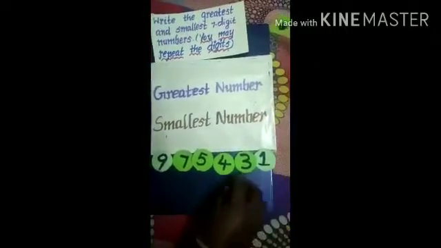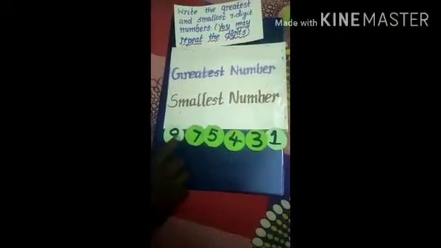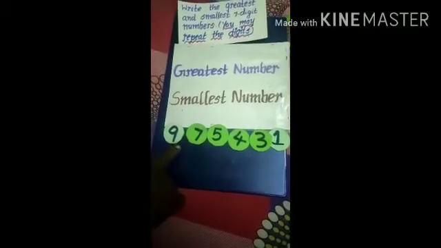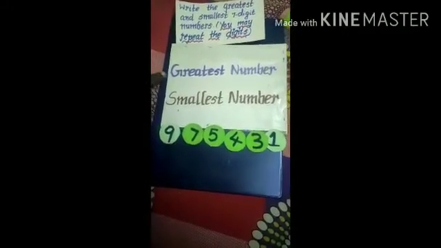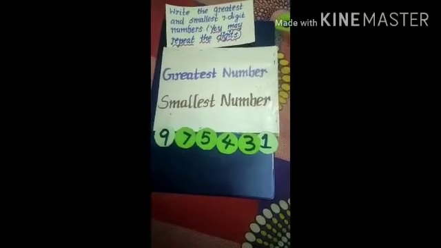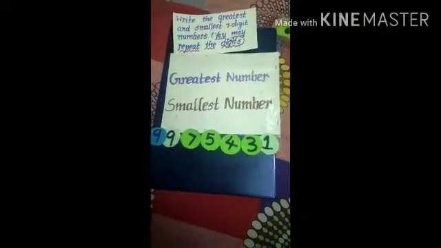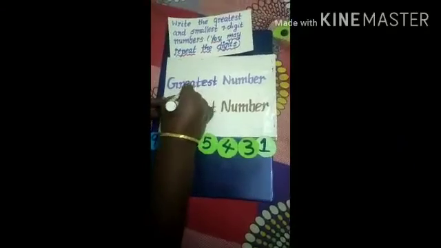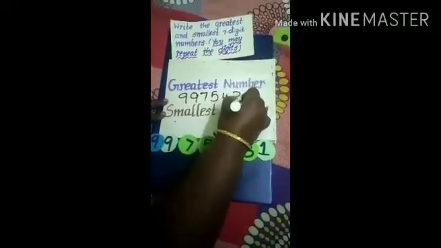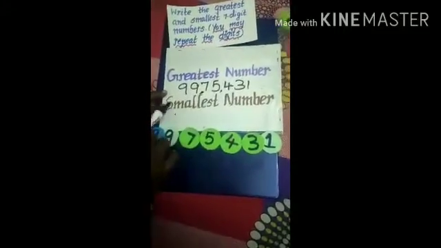I have arranged, but you see here only there are 6 digits, but I want a 7-digit number. So what I have to do, I have to repeat the digits. Here you have to repeat the digit 9. Since we want the greatest number, you have to repeat the greatest digit 2 times. So if I keep 9 here, you will be getting a 7-digit number. Now write this number: 9975543. Now place the commas. What is the number? Read the number, children.